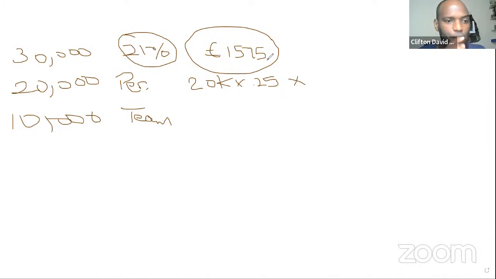So for the 20,000 points that Derek did personally, his calculation on his personal points will be the 20,000 that he did multiplied by the PV factor, which does not change unless we get a pay increase. Presently, it's 0.25 euros. And you multiply that result by 21%, because that's the rank he achieved in the company.